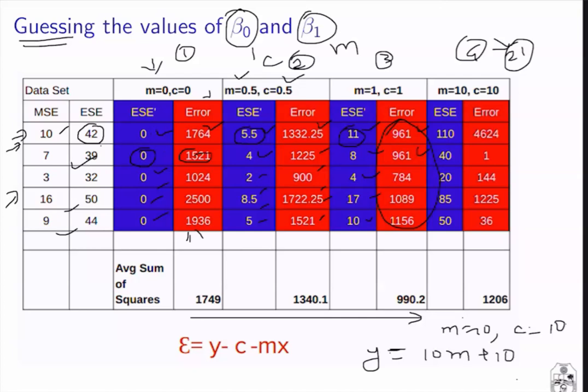So the predicted marks are 10 times the mid semester examination marks plus 10. So 10 multiplied by 100 for the first instance plus 10, the predicted marks are now 110. Here the actual marks were 42, and now the error is this much. Here the actual marks are 7, so the predicted marks become 40.